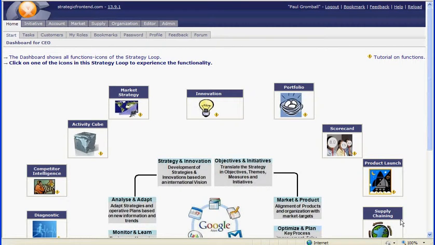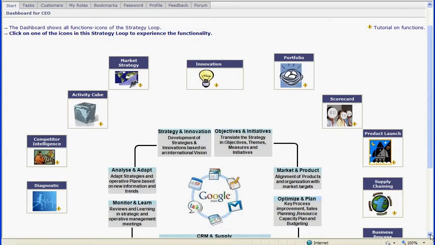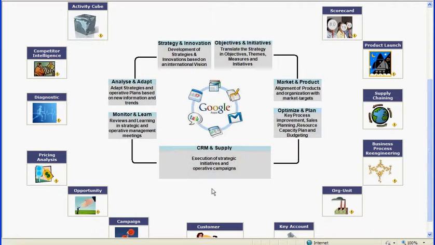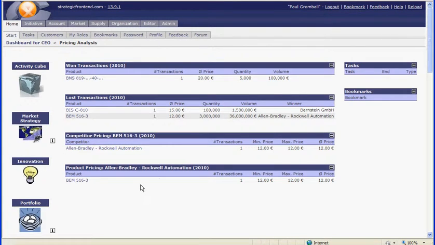You will find your pricing analysis on the icon on the left hand side of your assigned activity of the dashboard, and is activated. So then you can push on the pricing analysis, and what you will see are four things.